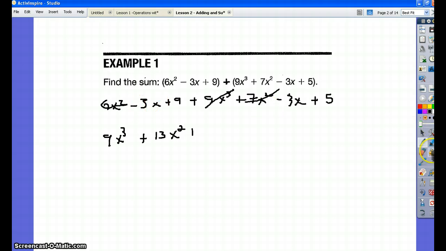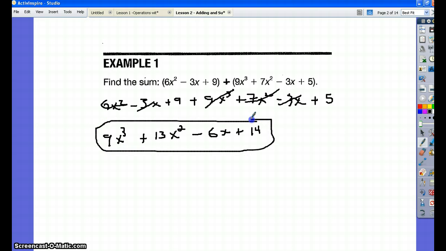And then negative 3x minus 3x, that's going to be negative 6x. And then 9 and 5 is going to be 14. So this would be your answer.